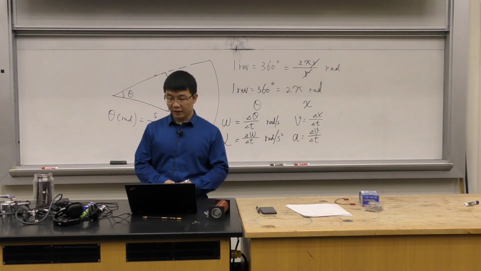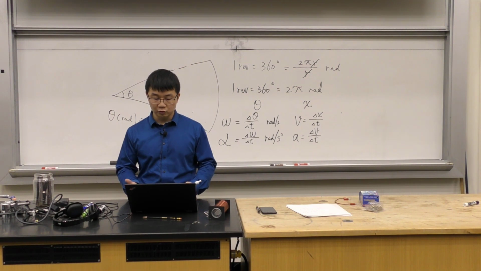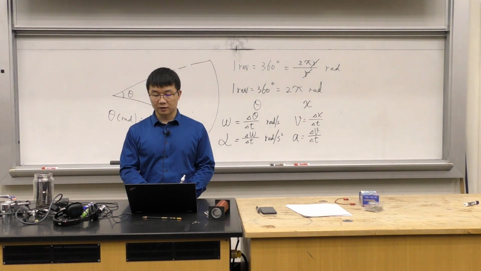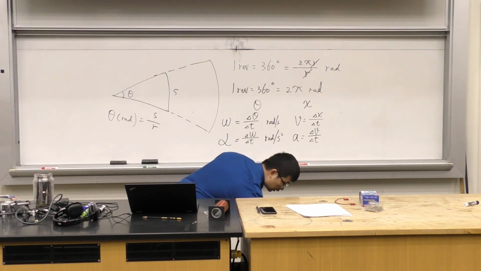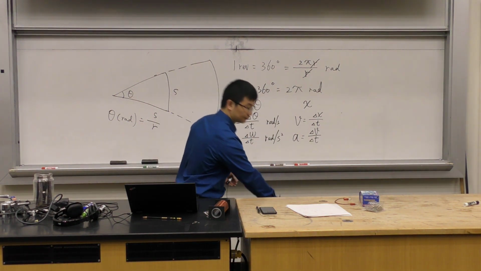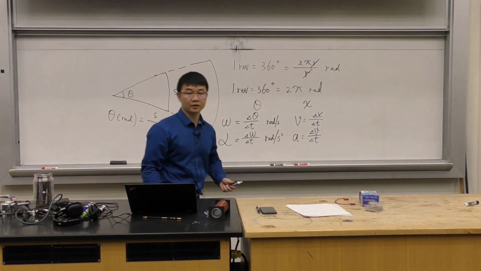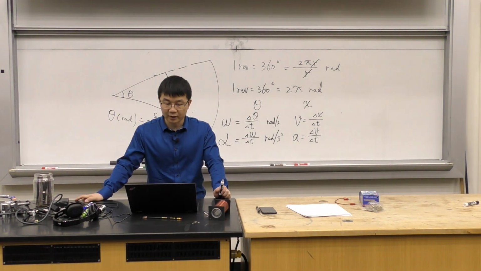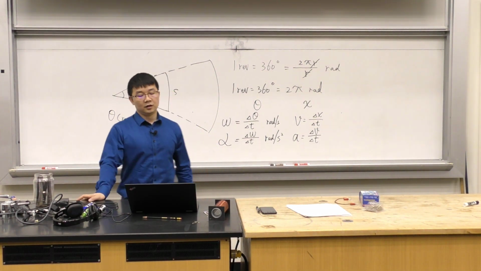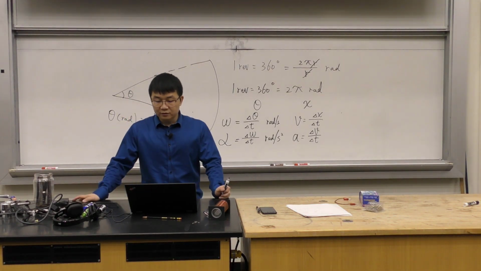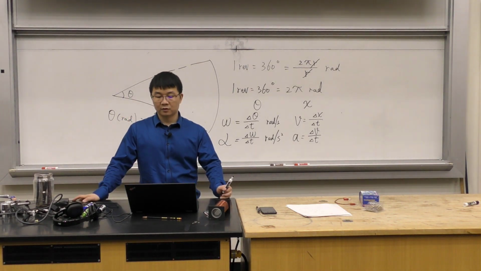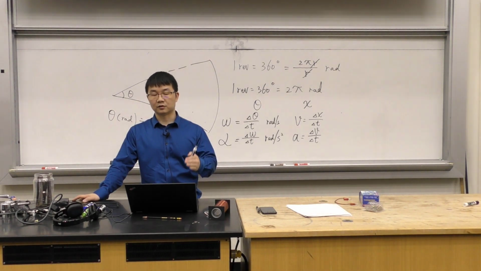The direction of the angular acceleration is more intuitive. It's going to be either this way or that way, and once you find the direction of the angular velocity, angular acceleration is easy. If the angular velocity is increasing, the acceleration is in the same direction as the velocity.